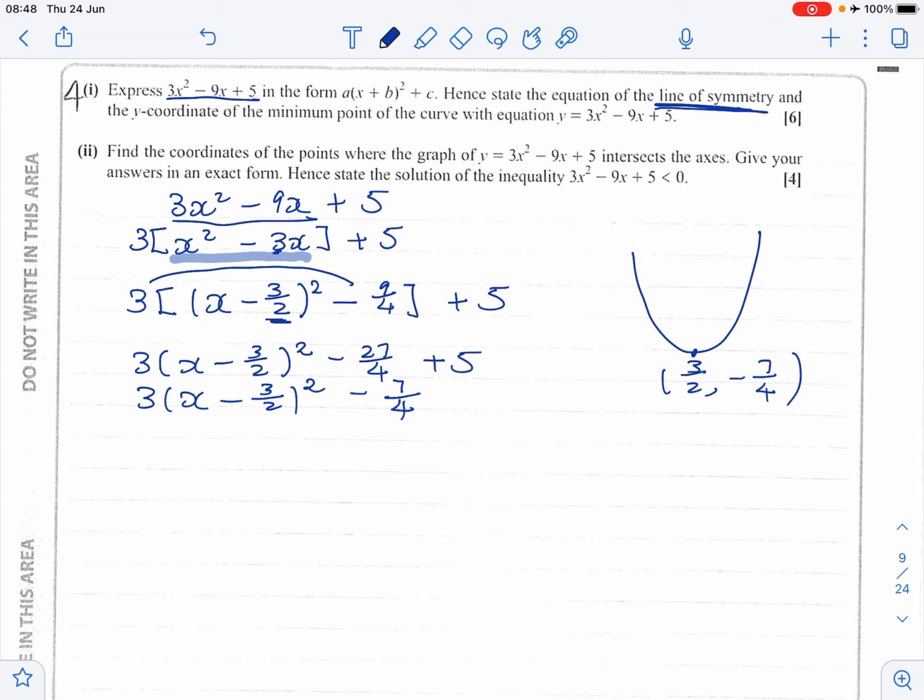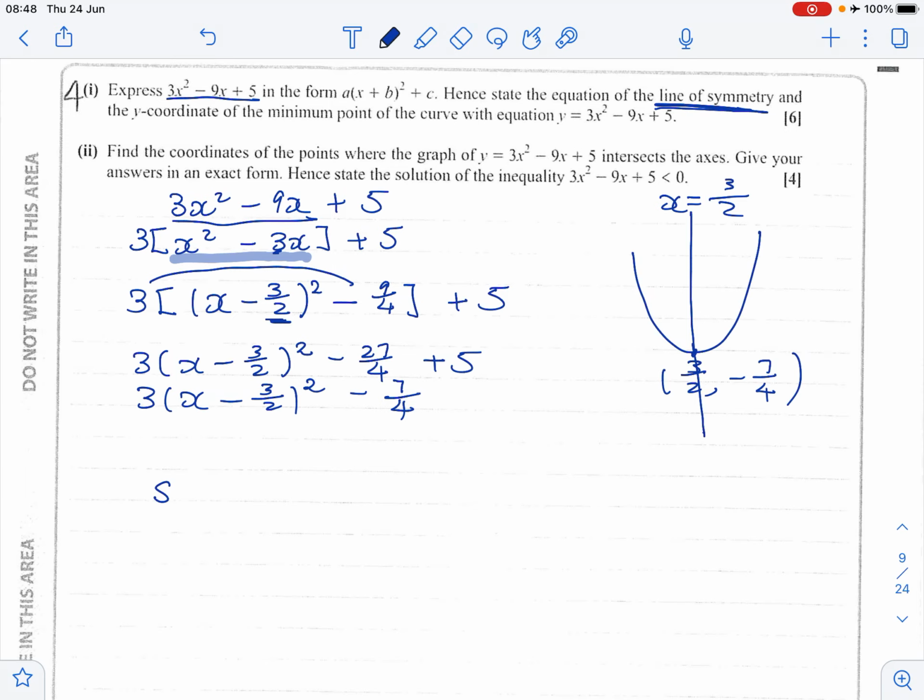So we want to state the equation of the line of symmetry. The line of symmetry is at this point. It's this line going down here, and this is the line x equals 3 over 2.